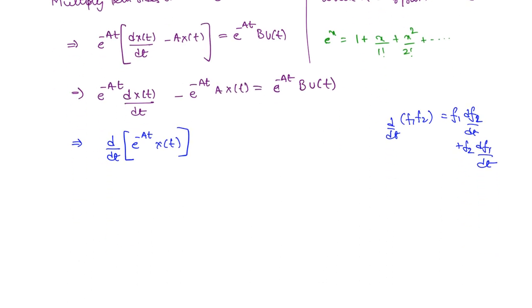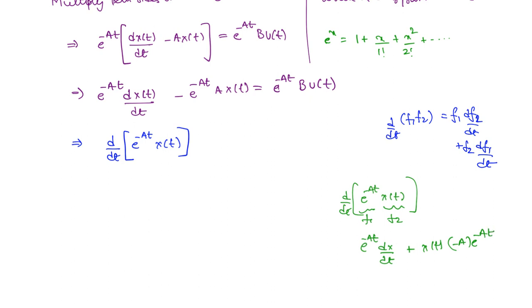So here in our example, if you take e to the power minus at x of t, if you take this as f1 and this as f2, now if you have to differentiate them, what are you going to get? e to the power minus at dx by dt plus x of t into minus a e to the power minus a t.